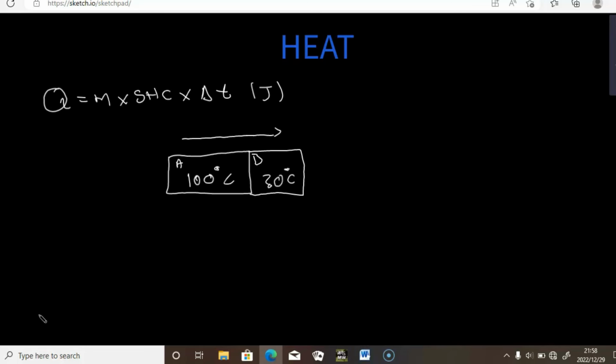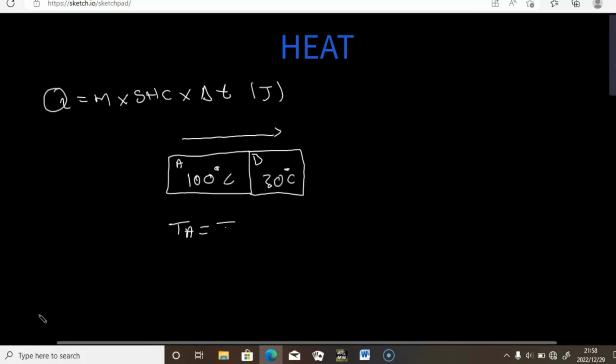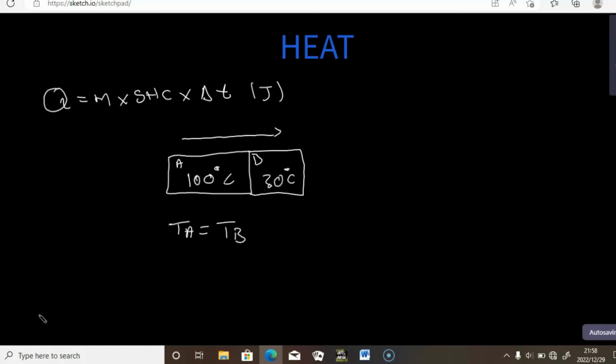That heat transfer will take place up until we have the temperature of object A being equal to the temperature of object B. At that point, there will be no heat transfer or heat flow because now there is no temperature difference. The temperatures are the same. The temperature of object A, rather, will be equal to the temperature of object B.